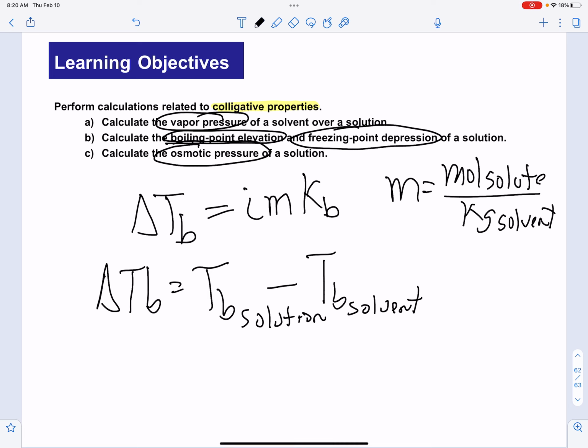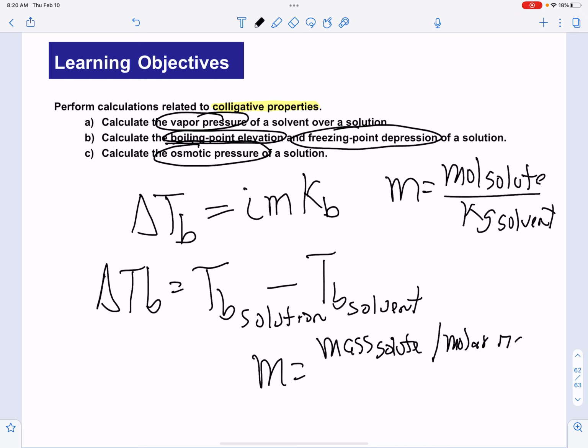Important to know that moles of the solute is nothing more than the mass of the solute divided by the molar mass. That is not going to be on the packet because you should know that from Chem 1411, divided by the kilograms of the solvent.